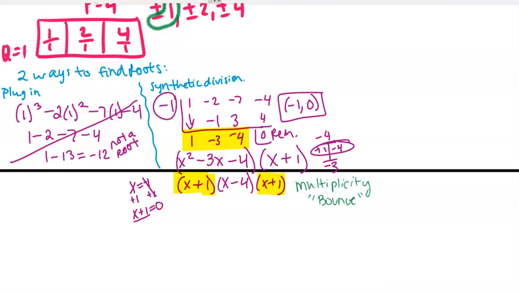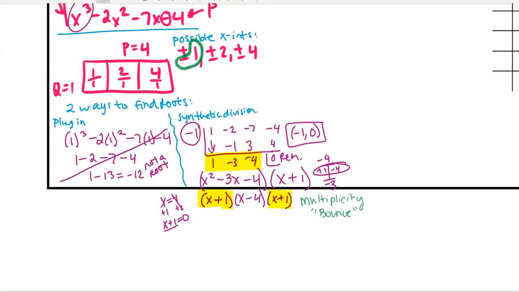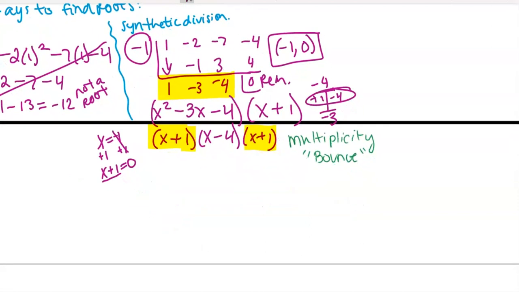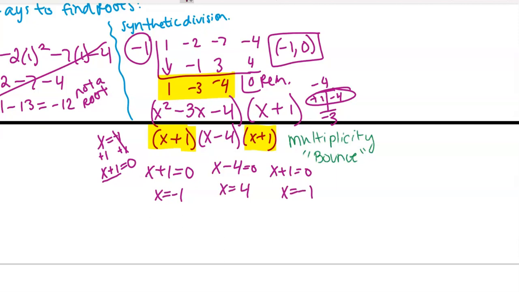So when we write our solutions up here, I'm starting to get ahead of myself. Let's take a moment to set this all equal to 0 to get our actual x values for the graph. So we have -1, or, and of course this is the same one, -1. There's our bounce.